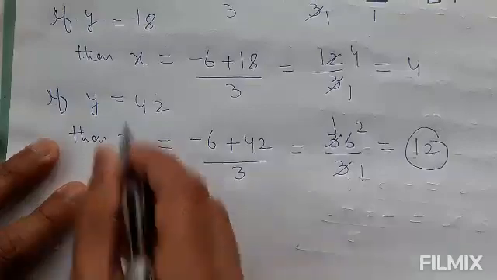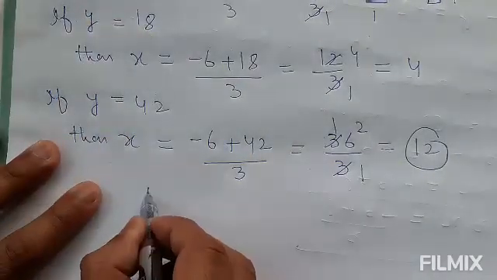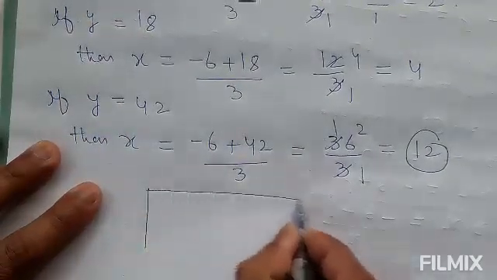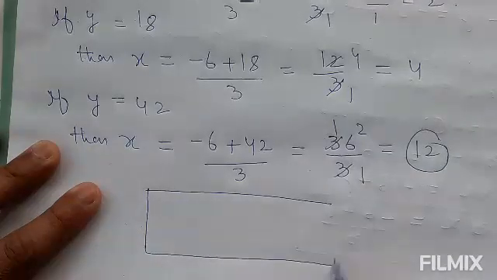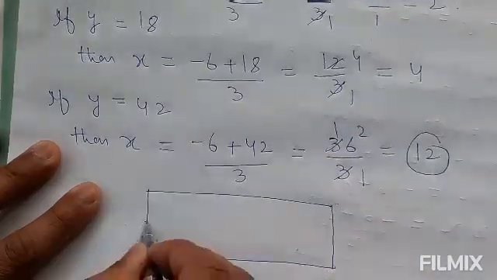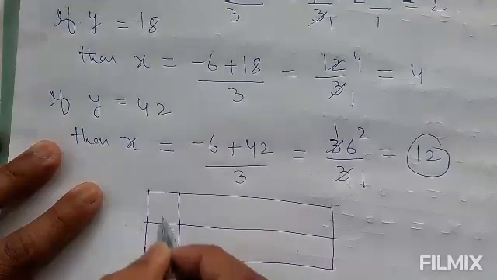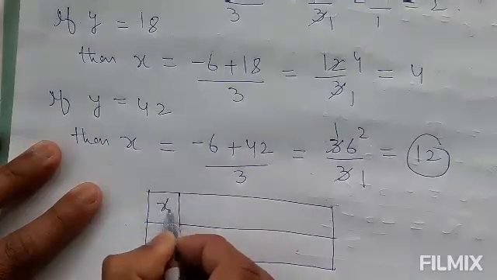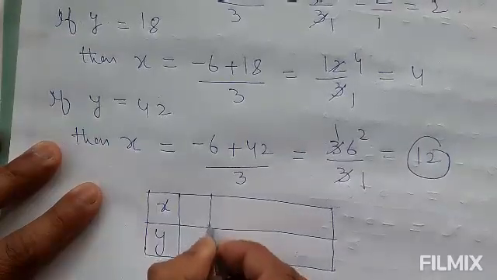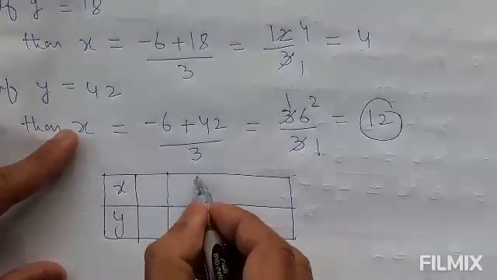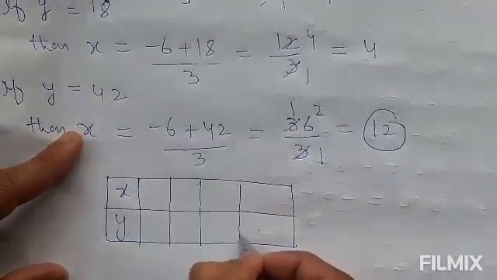Okay, thus we can make a table from these equations. Like from the equation first, we can write x and y. 4 values, 1, 2, 3, 4.